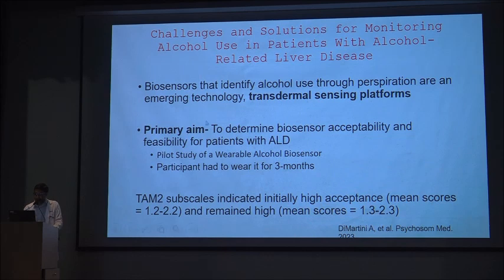The primary aim was very well determined: the acceptability of the participant to wear it for 3 months. They also studied in the pilot project whether the wearable alcohol biosensor is useful or not. The TAM, that is the technology acceptance model, subscales were very high during the initial days, and remained high throughout the 3 months.